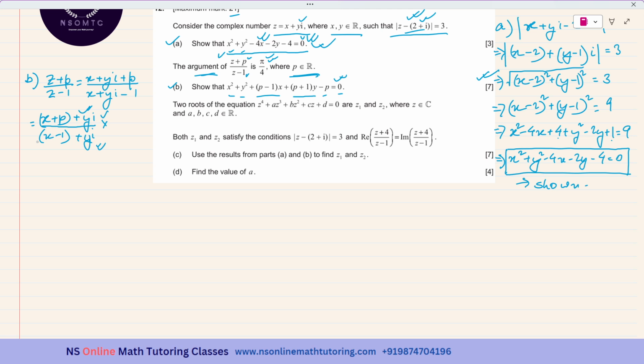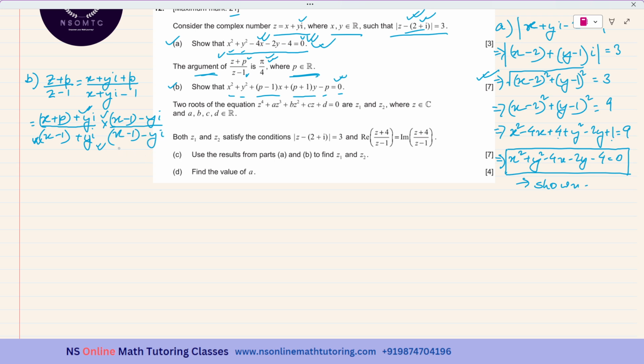We multiply the numerator and the denominator by the complex conjugate of the denominator. Okay, so I am doing that. x minus 1 and minus yi over x minus 1 and minus yi.